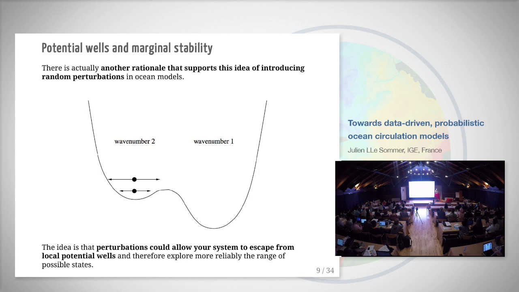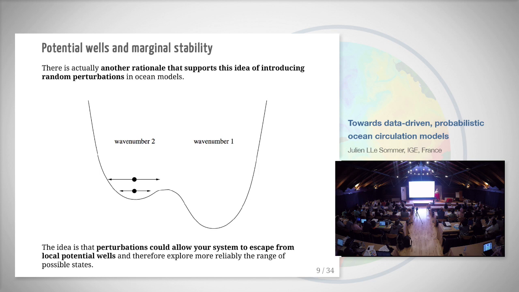So this is this idea that the actual topology of the phase space of an ocean model might be very complex, and that your system, your state, may be stuck in some local minima of some potential, and that the system being stuck there maybe is just a happenstance, maybe it's not something that is constrained by your observation, but maybe that's something that you're not happy with.